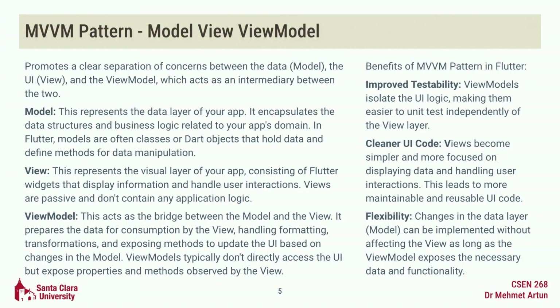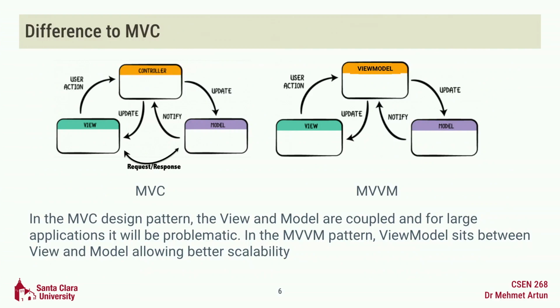So the view model is the one that you need to worry about if you want to make changes. You don't need to worry about the view itself. It's really separated. And this is sort of the high-level difference between the model view controller and model view model.